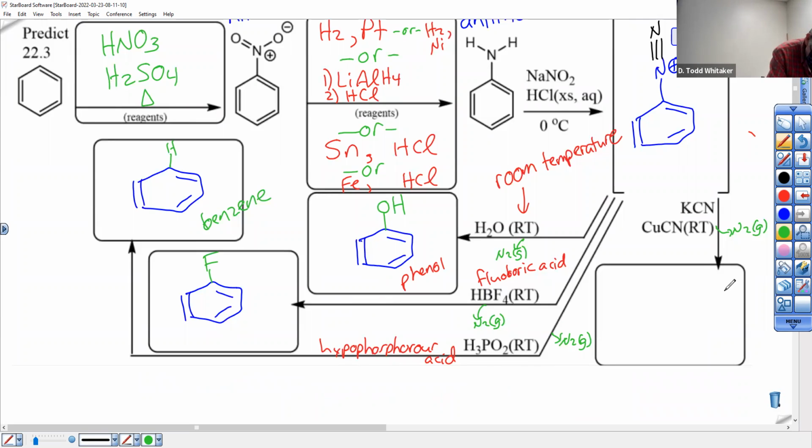You get a cyano group. Yeah, there you go. And I don't think we're going to do activity 6 after all. Oh well.